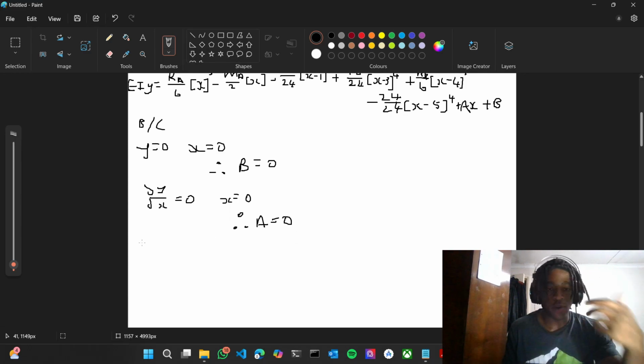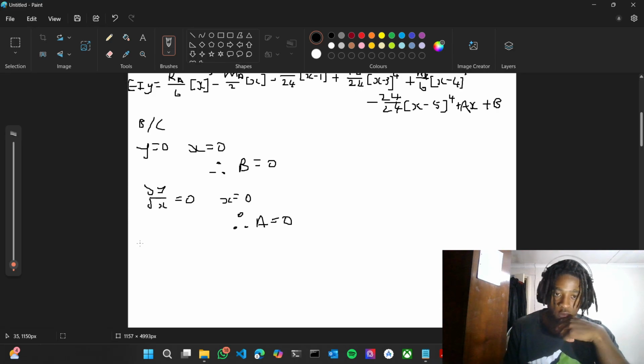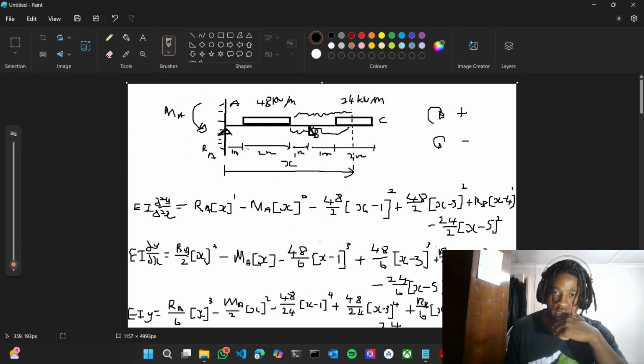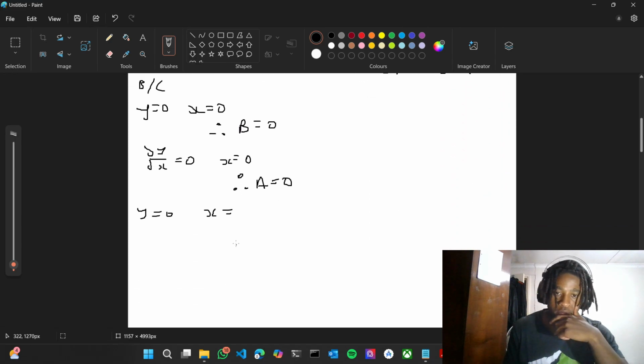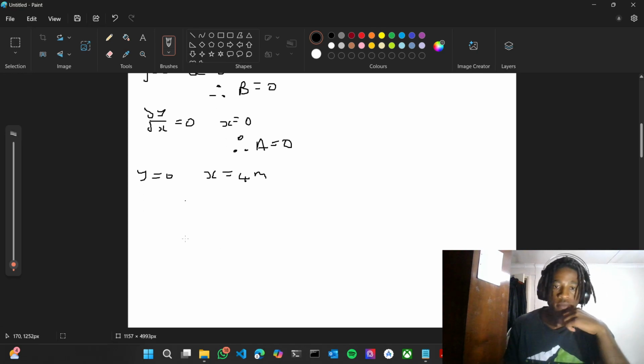Then for our last boundary condition now, which is at point B, y is equal to 0 at x equal to, let's just confirm the distance, 4 meters. Alright, so we can substitute that into our equation.